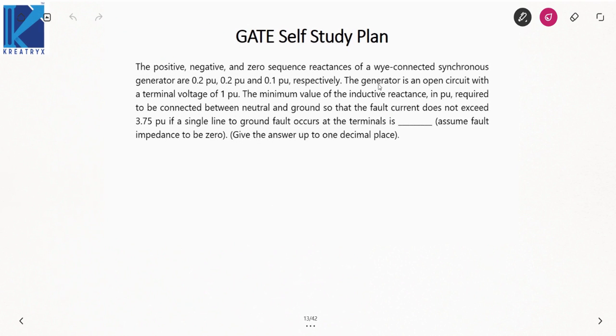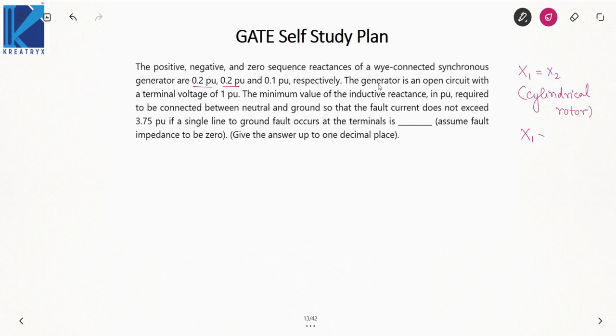In the next one, it says the positive, negative and zero sequence reactances of a Y connected synchronous generator. If you see, the positive and negative sequence reactances are equal. Whenever they are equal, it implies a cylindrical rotor.